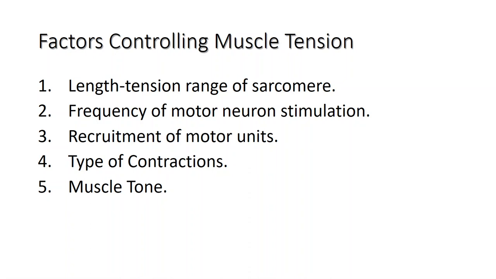These include length tension range of sarcomere, frequency of motor neuron stimulation, recruitment of motor units, type of contractions, and muscle tone. We shall look into details of each factor in the remaining part of this video. Do stay with me.